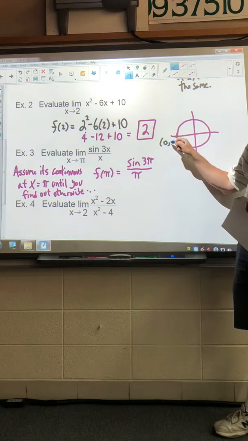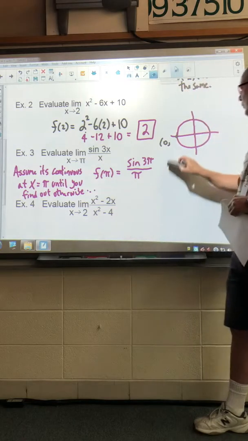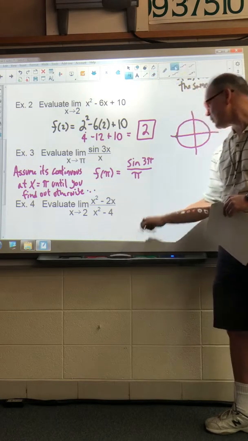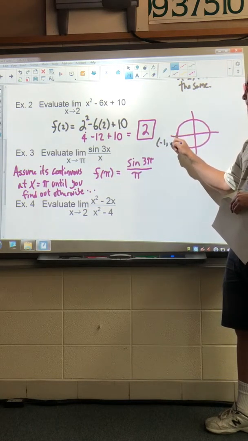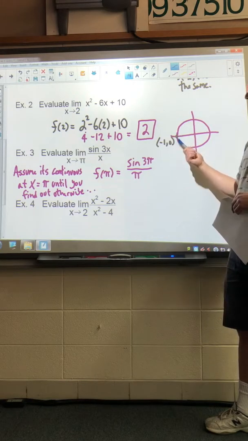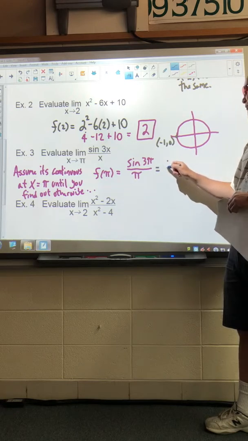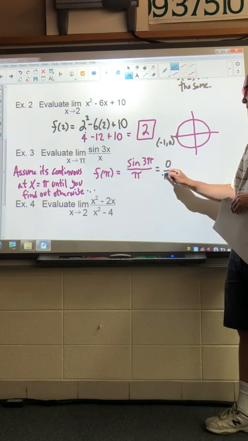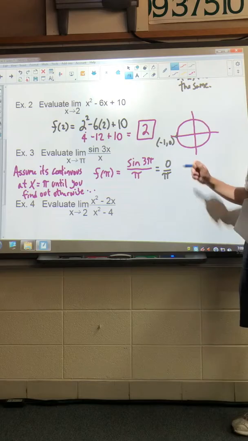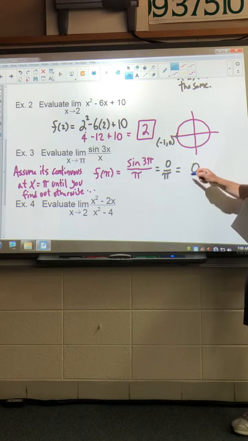Coordinates there are -1, 0. Sine is the y coordinate, so that would be 0 divided by pi, which is 0.